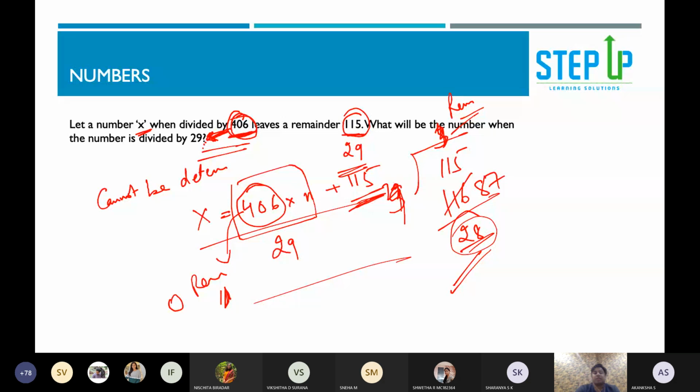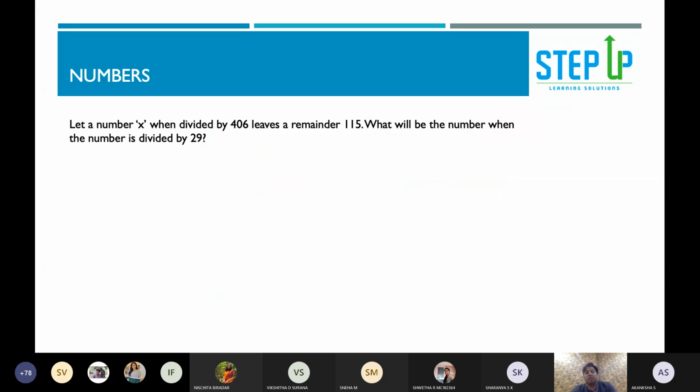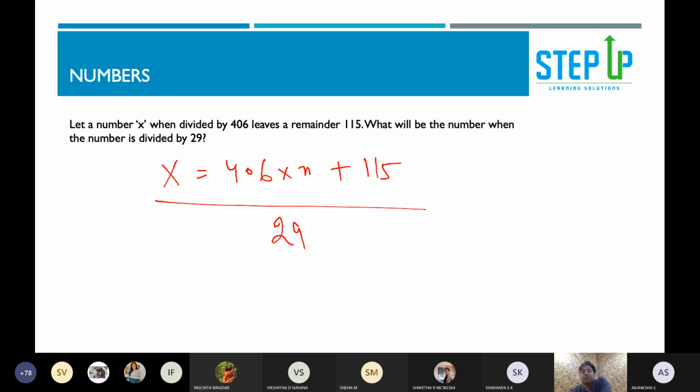I'm repeating again, please understand it. Here, your x is 406 multiplied by n plus 115. Whenever you divide this complete number by 29, this part should be divisible by 29.